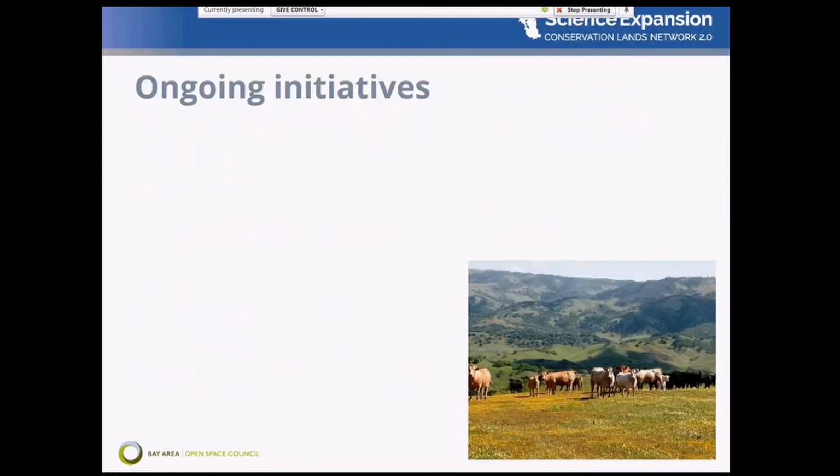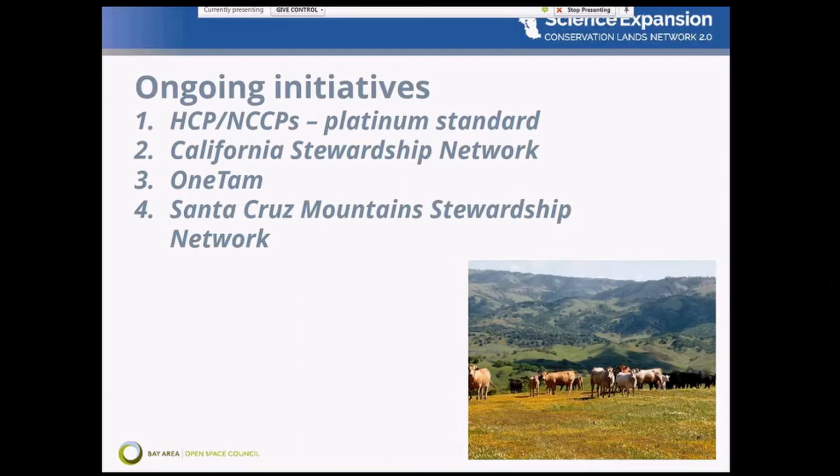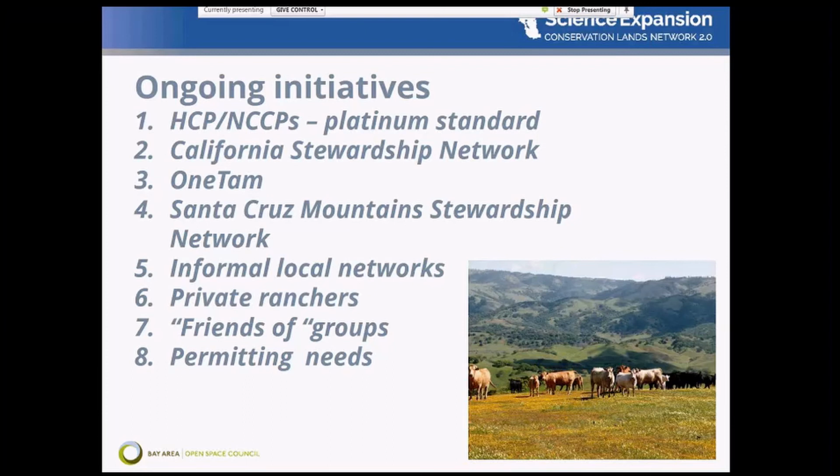There are ongoing initiatives, like I said, HCPs and NCCPs, the California Stewardship Network, and various other informal local networks of private ranchers, friends of groups for parks, and then working on permitting needs, and then a real call out to the resource conservation districts, which I think are the glue that can hold the stewardship landscape together. And there are some happy California cows protecting Bay checkerspot butterfly habitat.